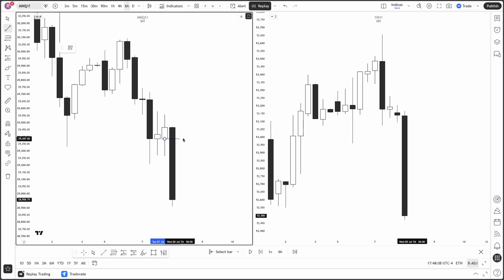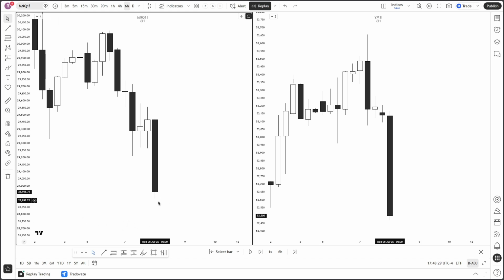So the most optimal area to take a short would be above the daily open. But because London made this massive expansion to the downside, there's no premium entry right here for us. We will have to take New York continuations towards this low right here. So this is our target for New York.